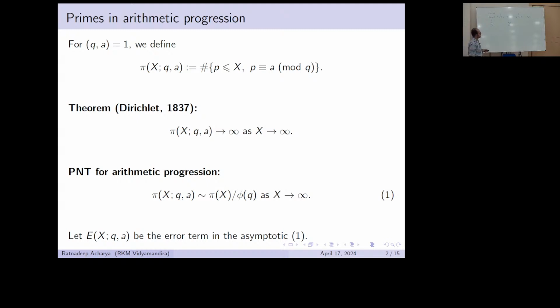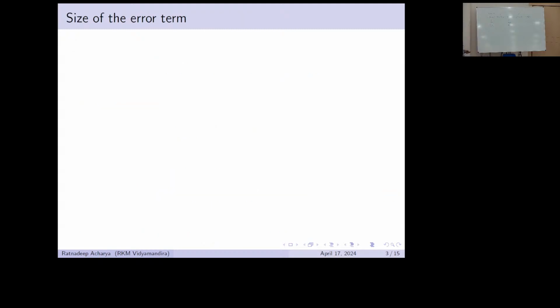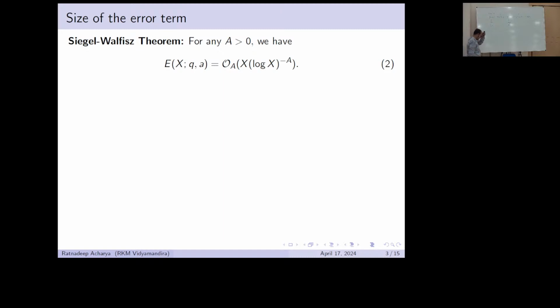So here are some results on the size of the error term. The first one is known as the Siegel-Walfisz theorem. It tells us that the size of the error term is big O of x times (log x) to the power minus A for any positive A. What do you mean by this big O sign?